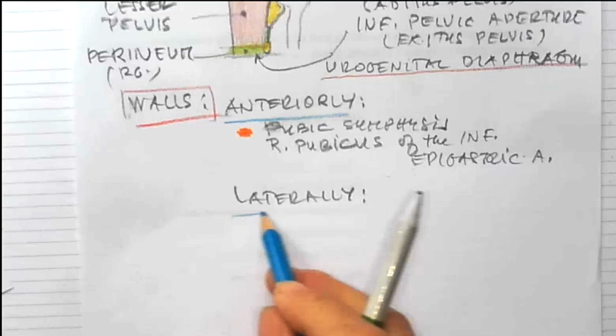We call it the obturator canal. And we remember that through this obturator canal and foramen pass the obturator nerve, plus artery plus vein. Again, this is the same name, obturator: artery, vein, and nerve.